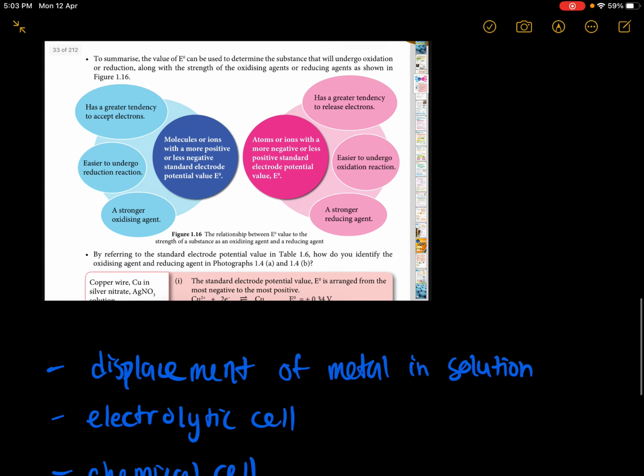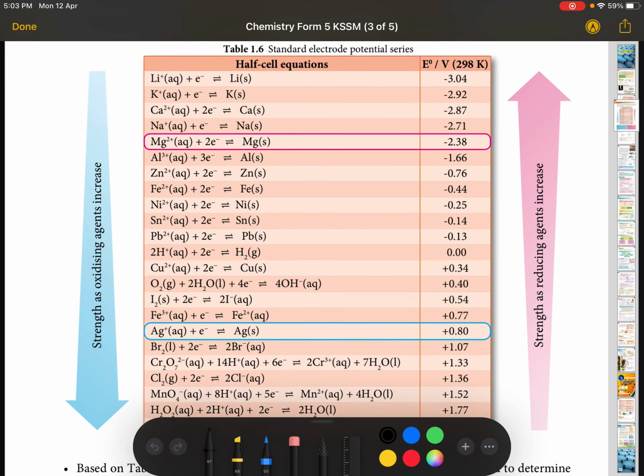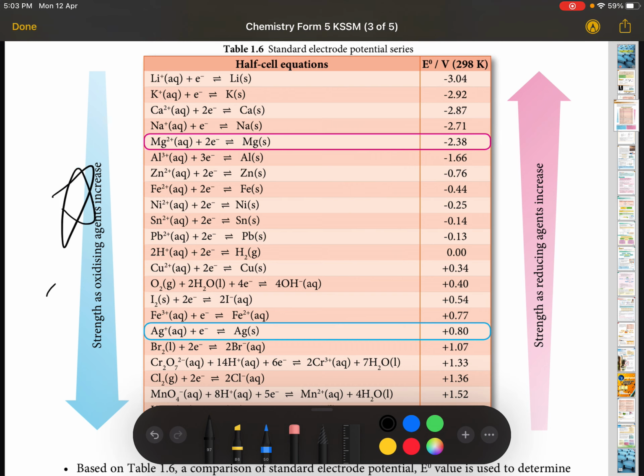So I took pictures of some stuff. Now this chart here is very important because this is involved in electrolysis and also chemical cell. And why is that so?